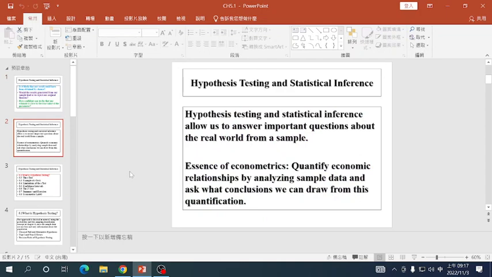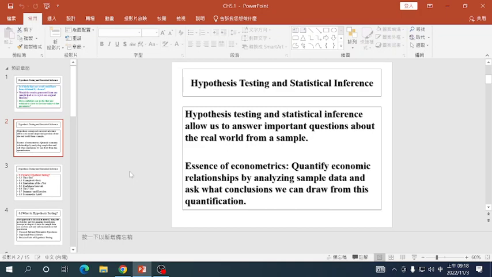Okay, so the hypothesis testing and statistical inference allow us to answer important questions about the real world from the sample. Okay, and those questions are just like what I showed in the previous PowerPoint.